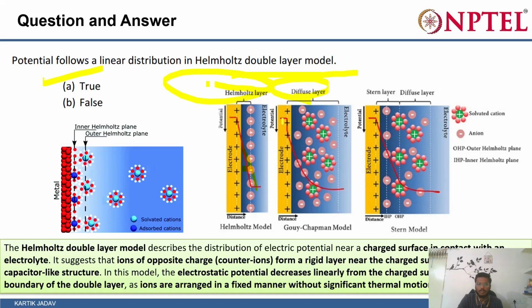So the distribution is not linear in nature. It is linear initially, while as it moves toward the diffuse layer, it decreases exponentially. The correct answer is option A.